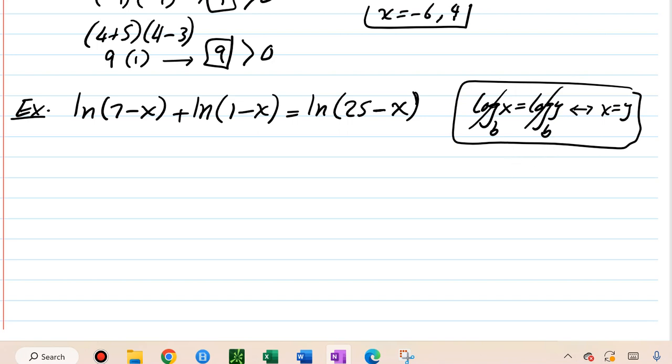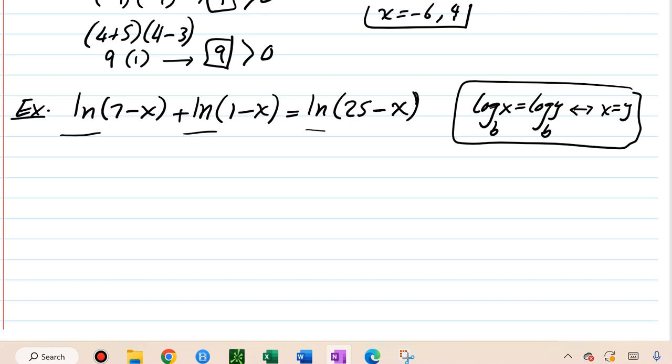Some students, people in general, would think that, as if I'm canceling the logs on either side, and that's fine. It works. Why not? But when you have more than one log on one side, that would be incorrect.